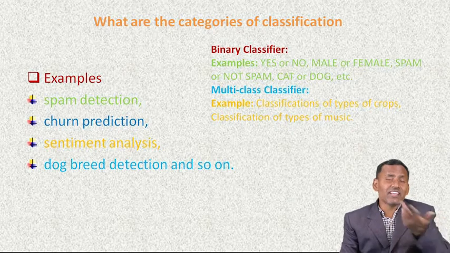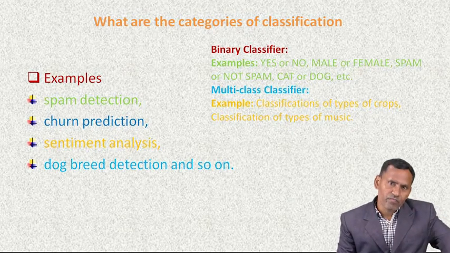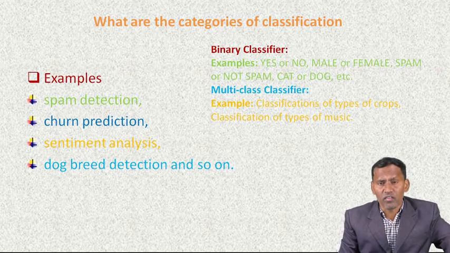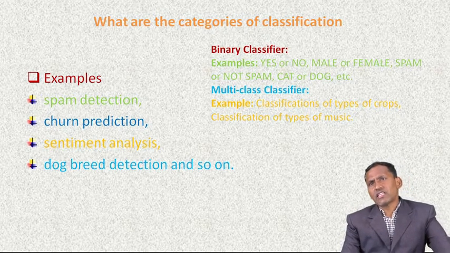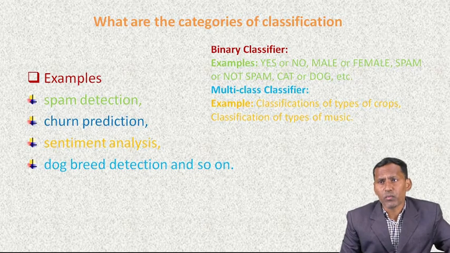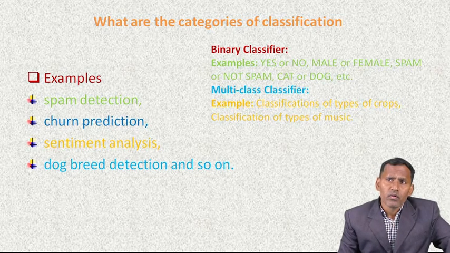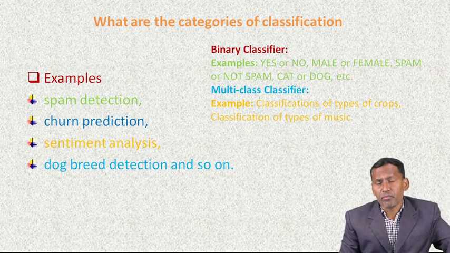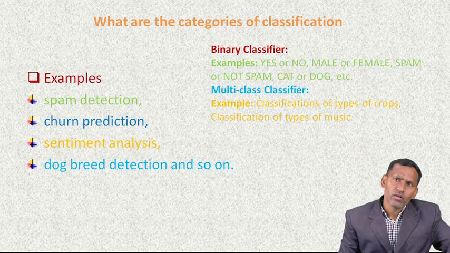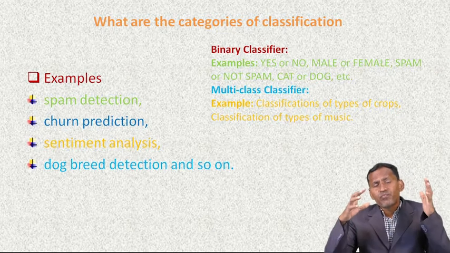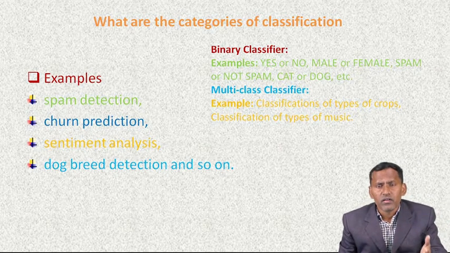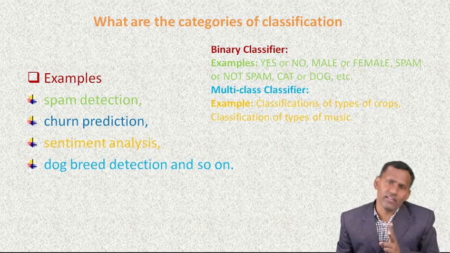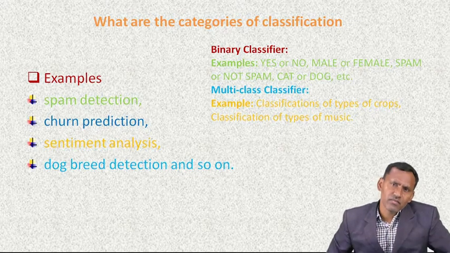And coming to multi-class classification, the second category under the classification technique of supervised learning algorithms, examples are the classification of types of crops, classification of types of music, etc. In binary classification, the output consists of only two classes.